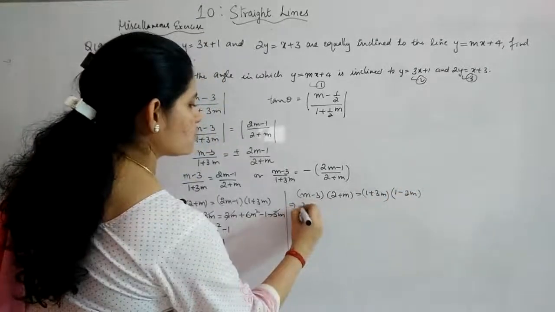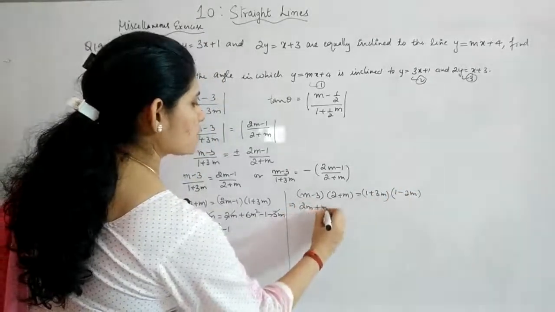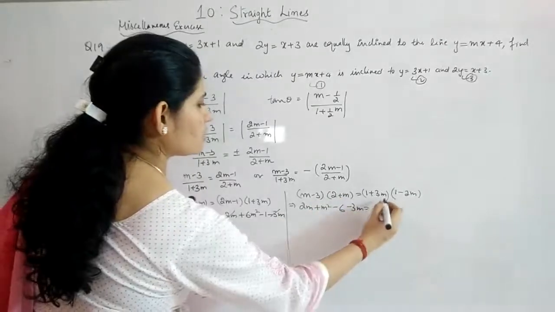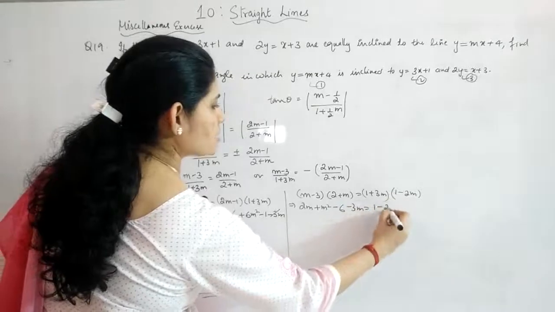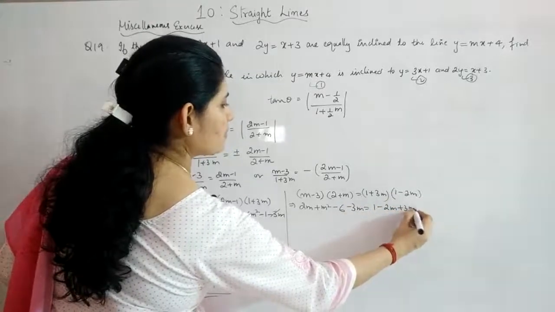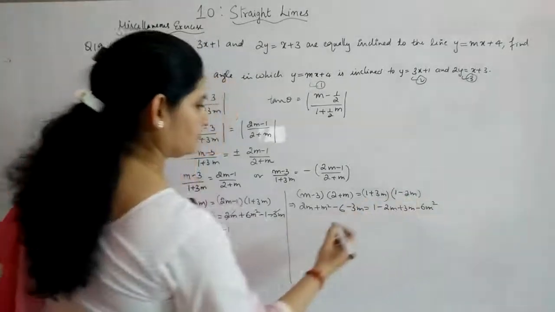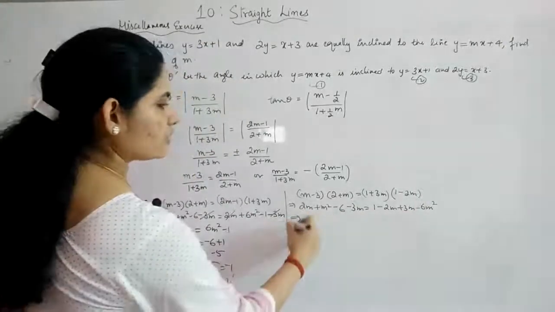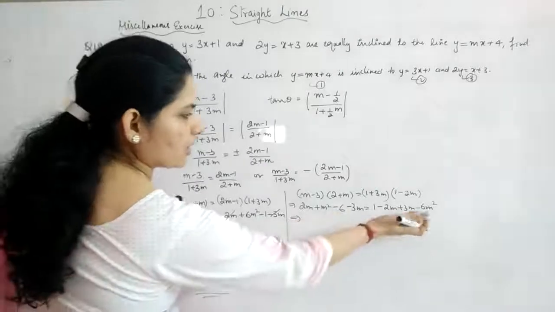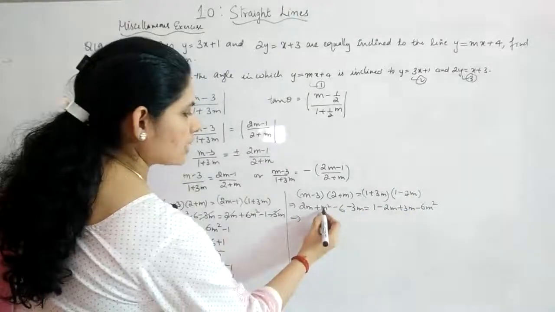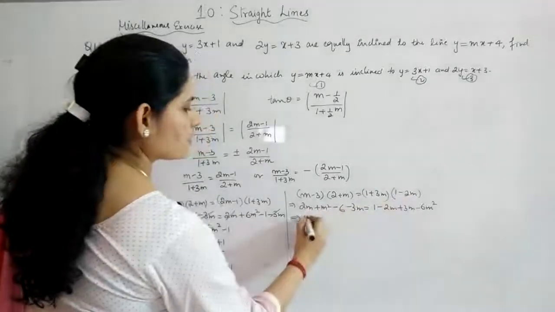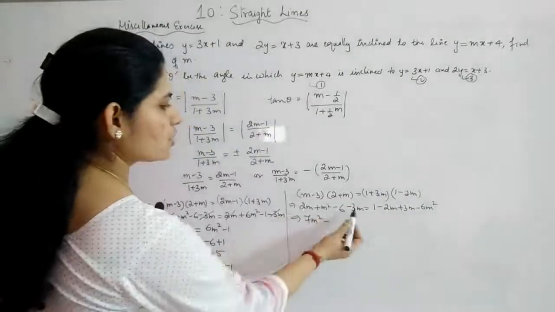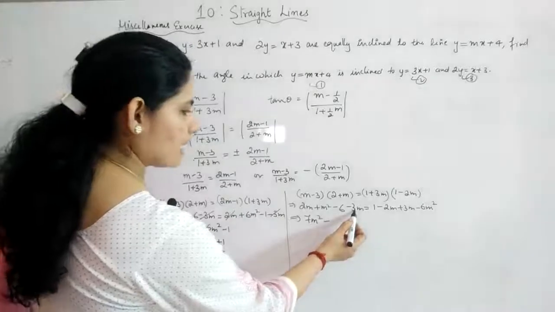So here you have 2m plus m square minus 6 minus 3m is equal to 1 minus 2m plus 3m minus 6m square. Okay, is there anything to cancel? Nothing. So we will just collect these two. We are just bringing this to the other side, so that m square plus 6m square will give you 7m square.